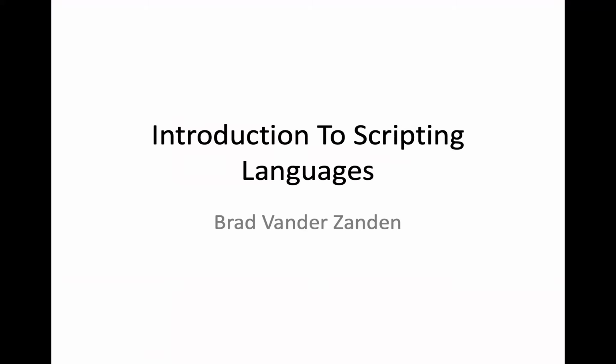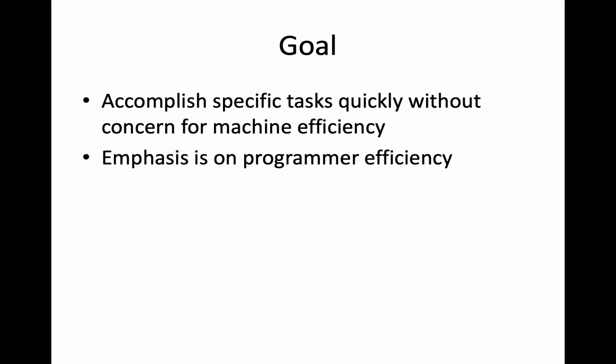And for those of you who take my 365, they've already seen this, but let's get everyone on the same page. Basically, with scripting languages, the goal is to accomplish specific tasks quickly without a concern for machine efficiency. So the emphasis is on programmer efficiency.